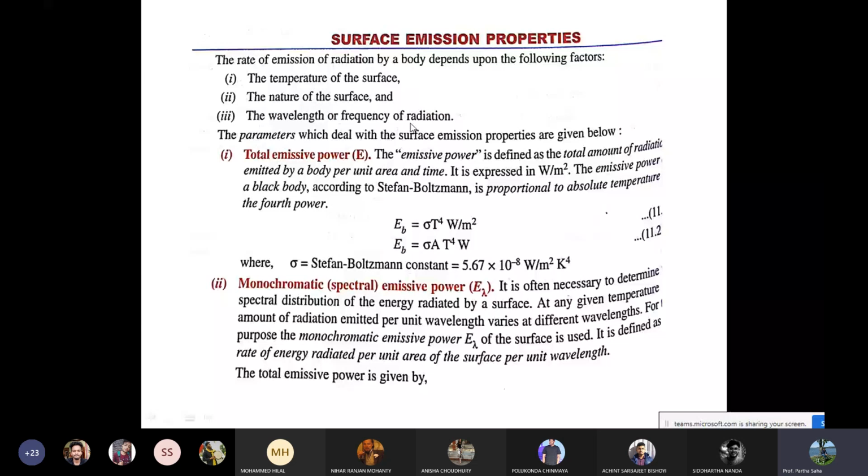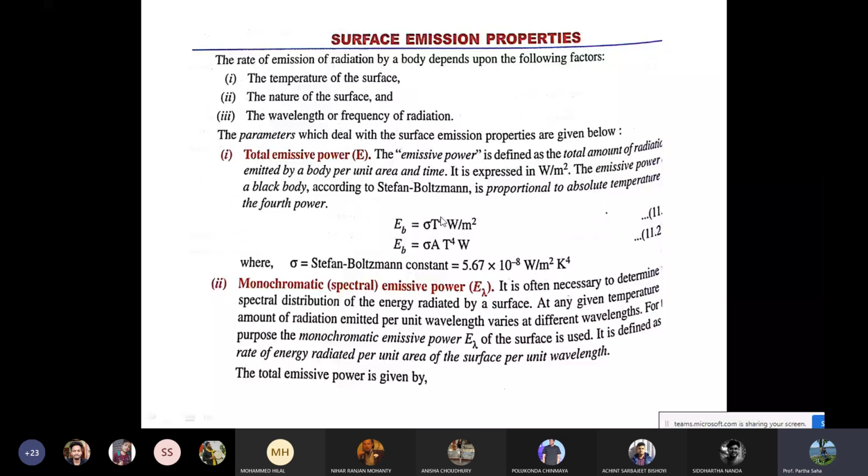Now emissive power is another terminology which you often encounter during radiation. It is related to the Stefan-Boltzmann law. It is the total amount of radiative heat emitted by a body per unit area per unit time, given in watt per meter squared.